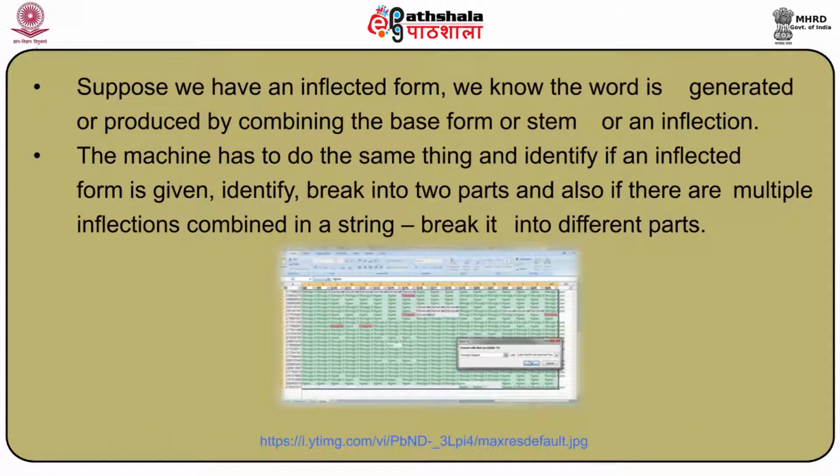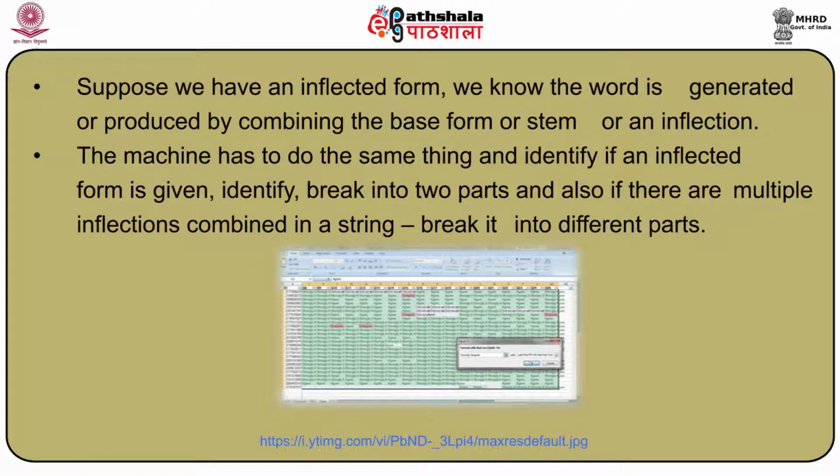Suppose we have got an inflected form. We know that an inflected form is generated or produced by combining the base form or stem with an inflection. So we know it very well. The machine has to do the same thing.